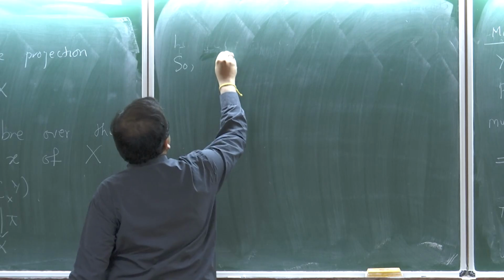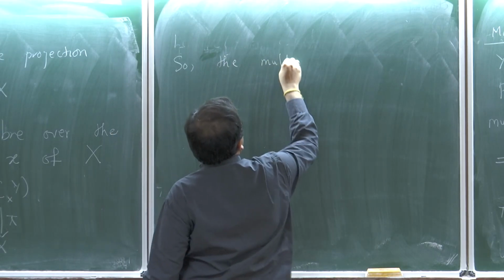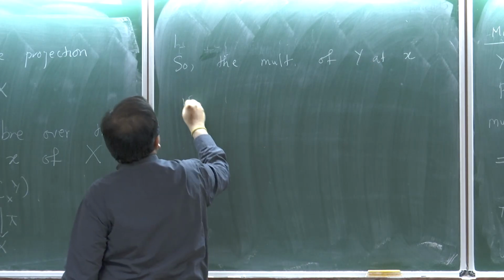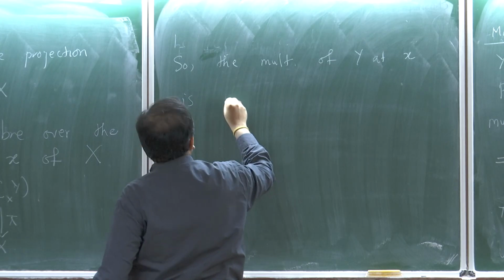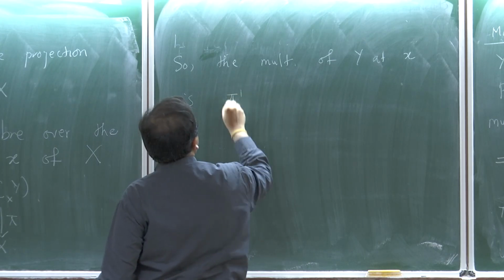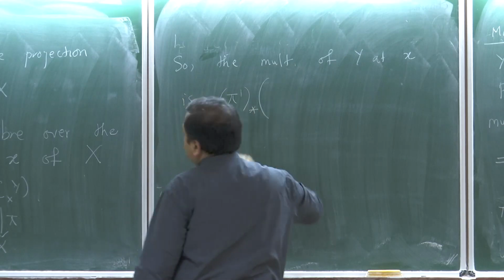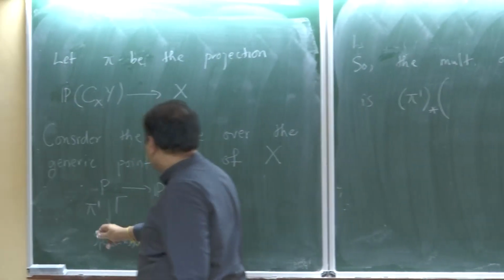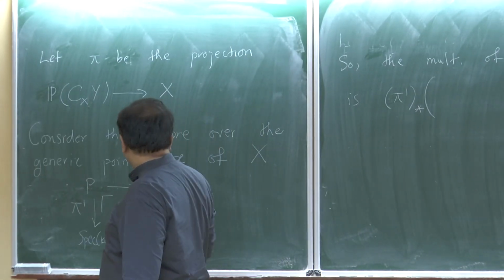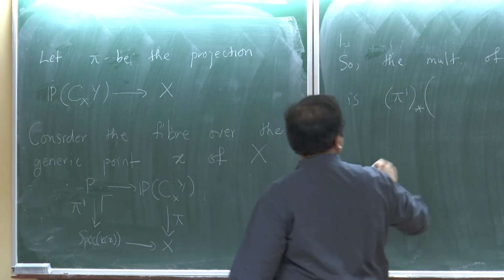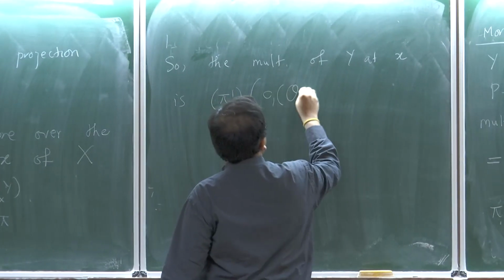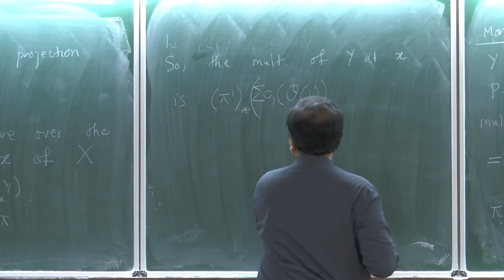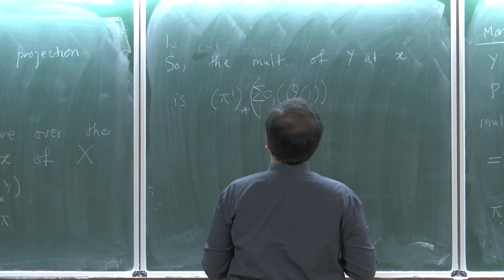So the multiplicity of Y at X is just pi prime zero star of, and the thing is that P is projective over this, right? So I can talk about c1 of O(1).